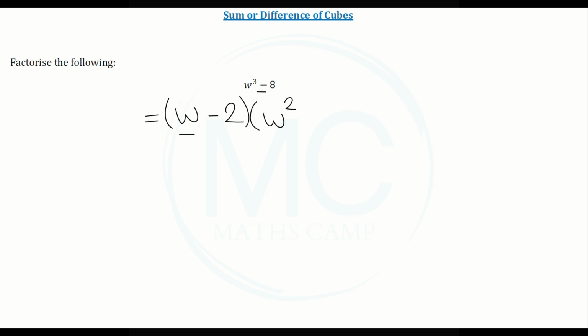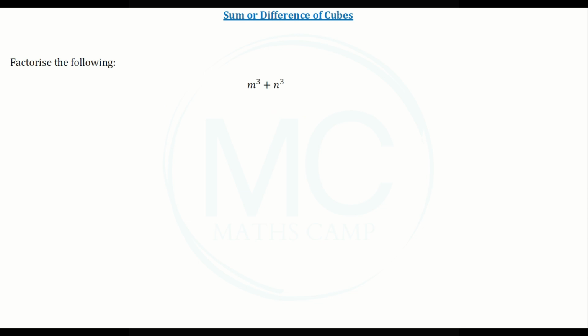For our second term, we multiply w and negative 2. We get negative 2w. Change the sign, so we get positive 2w. Finally, for the third term, let's square the second term in the first bracket. Negative 2 squared gives us positive 4. You can say plus 4. And now we can close our bracket. Let's do another one.